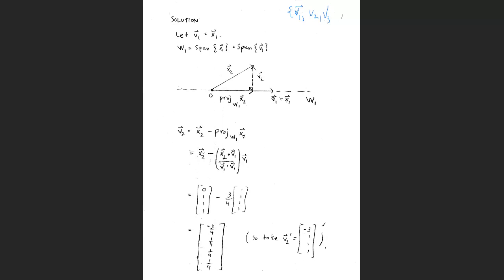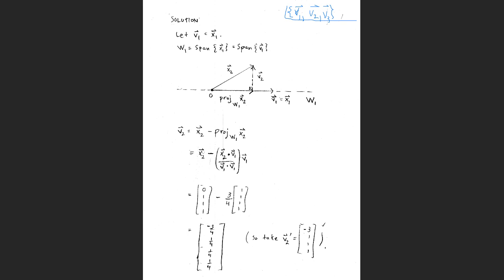So v1, v2, and v3 are going to be our new basis vectors, and we have to find them.